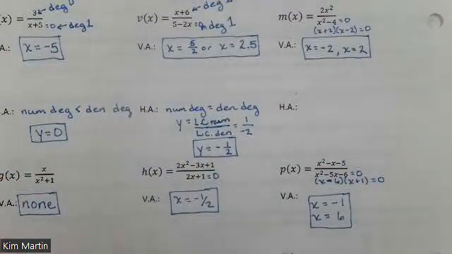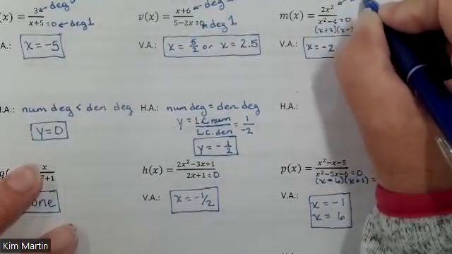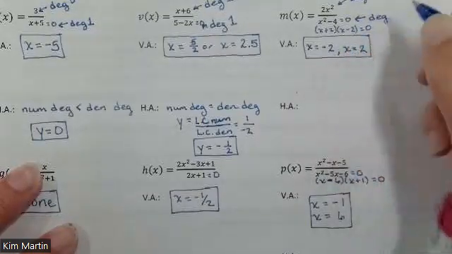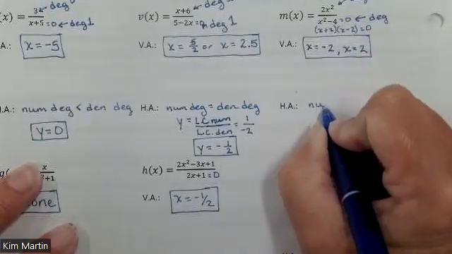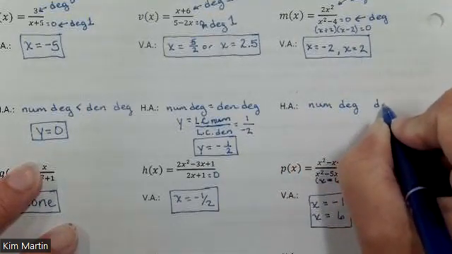Not hard. You just have to remember the 3 scenarios, okay? And what to do when that happens. Find your degrees first. What are both of them? Degree of what?